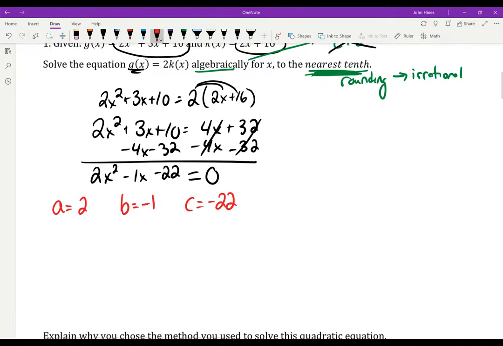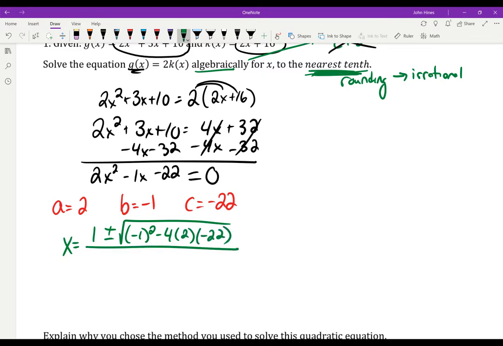Now that I picked off those three coefficients, all we have to do is substitute into the quadratic formula. X equals the opposite of B plus or minus the square root of B squared minus 4AC, all over 2 times A, which is 2. You're all smart and know 2 times 2 is 4.